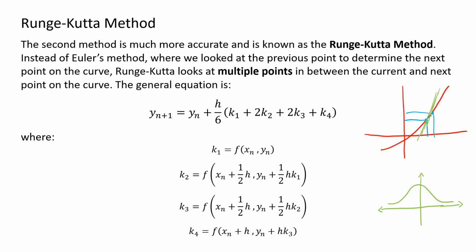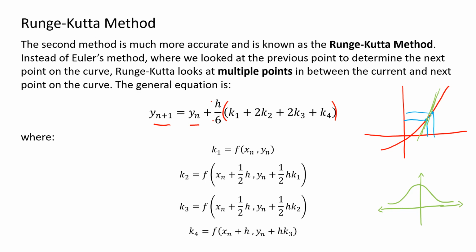Okay? So remember, in Euler's method, we had our next point was equal to our previous point plus our step value times our function. In this case, we have our next value of y is equal to our previous value plus our step value divided by 6 times these data points, okay?